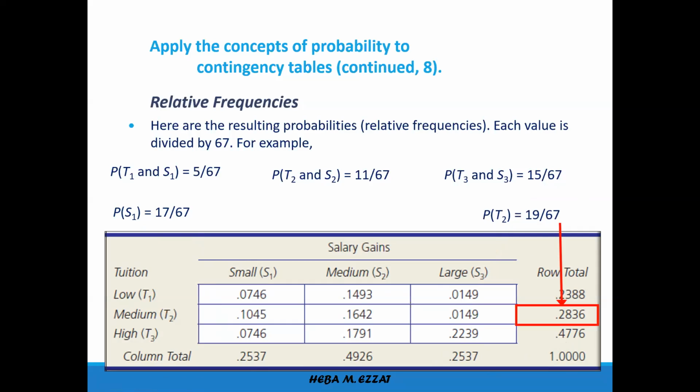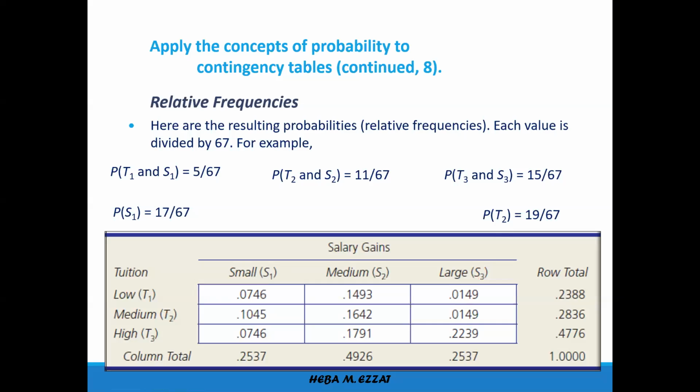And of course, also to find the marginal probabilities, we divide the totals by the grand total. By this, I finish what is supposed to be explained for this lecture.